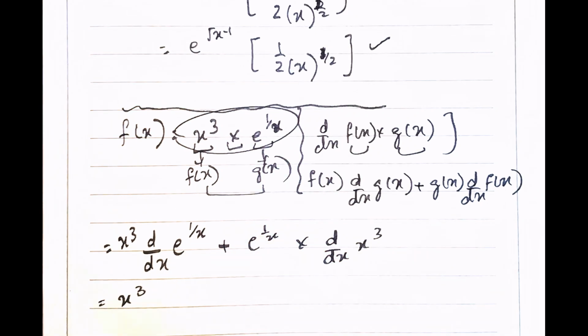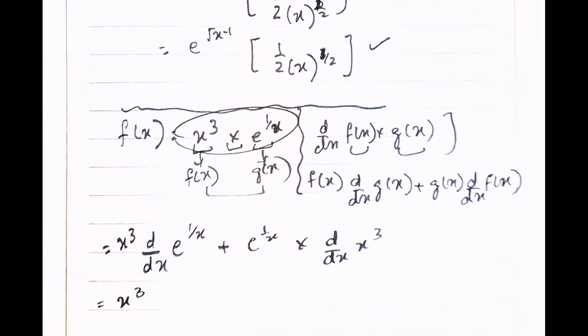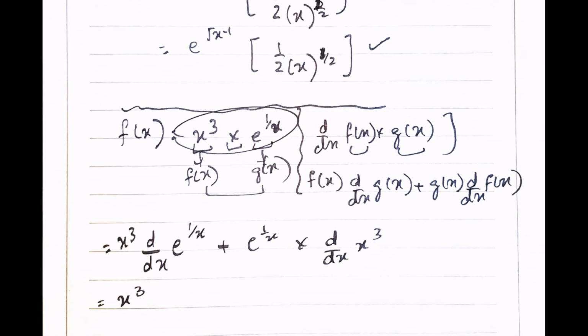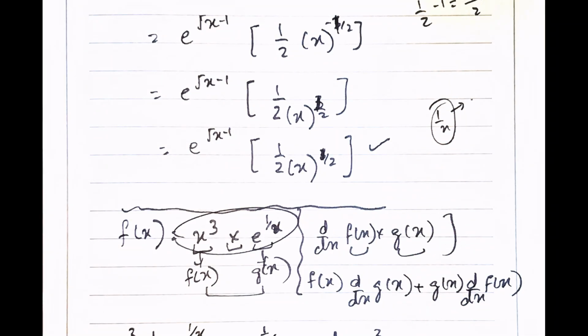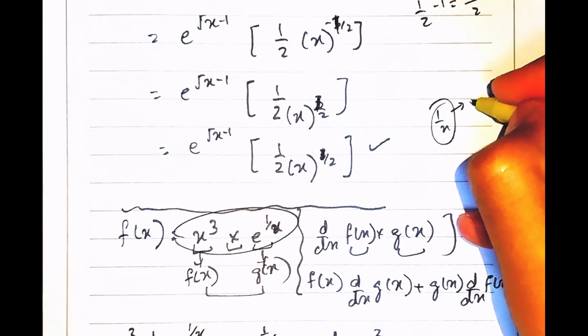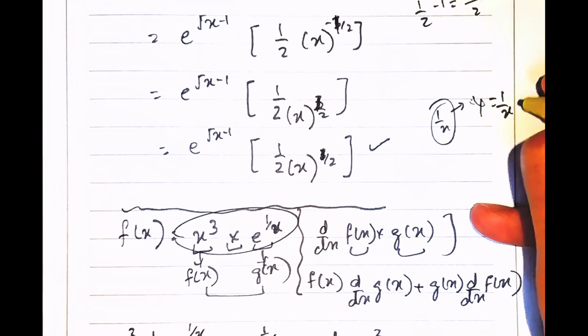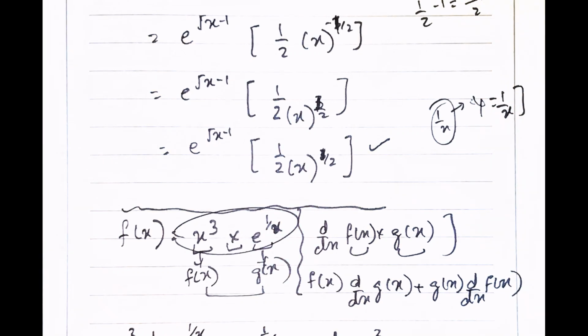Now this is e with an exponent 1/x, right? 1/x is actually a function, because 1/x contains both constants and variables. We have seen equations like y = 1/x, which represent functions.